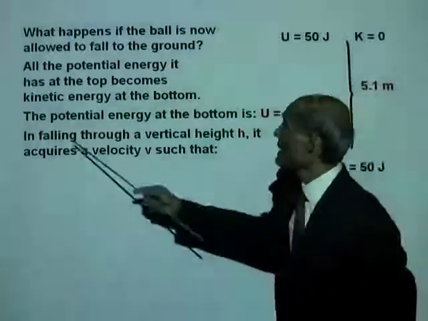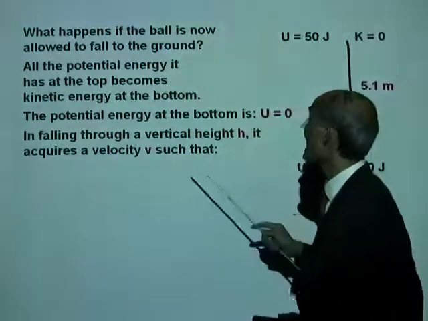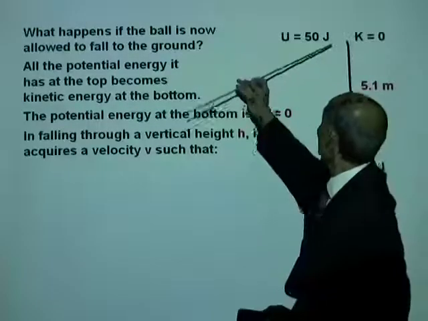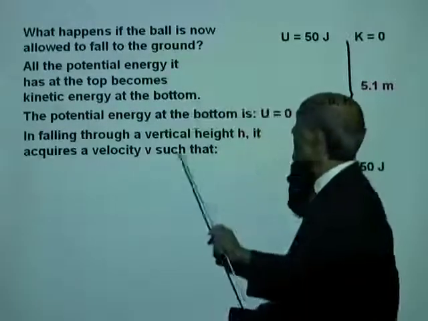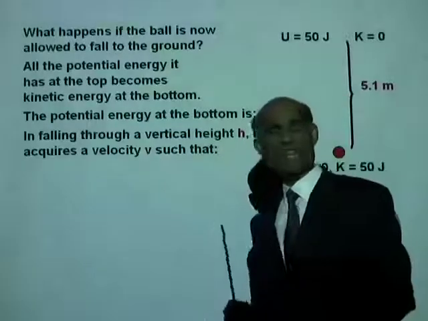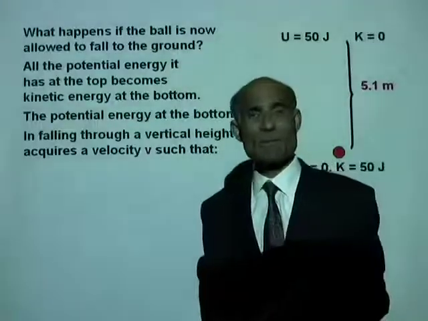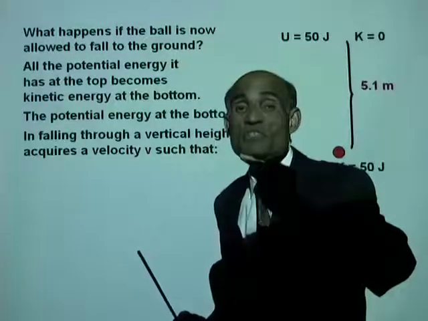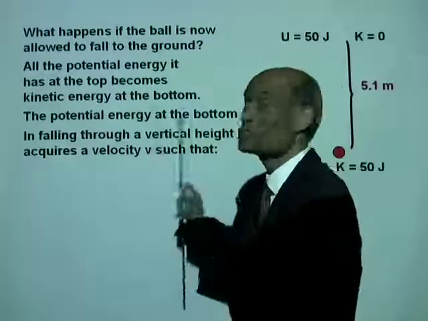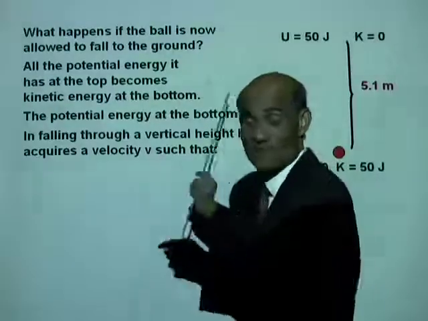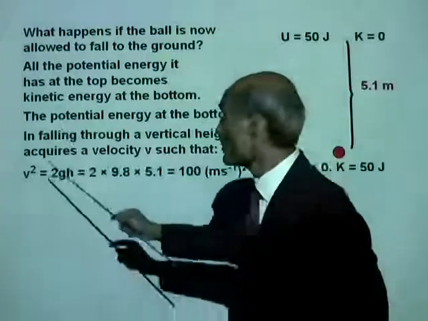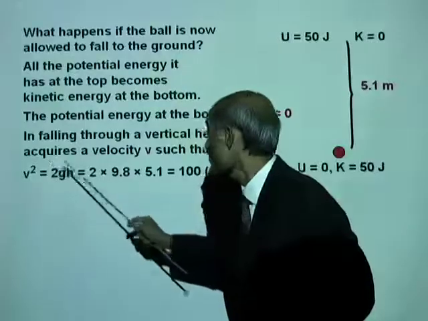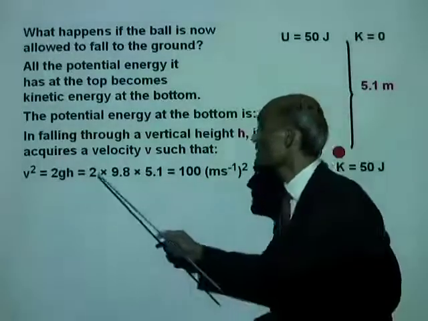Let's calculate that. In falling through a vertical height h, it acquires a velocity v, is that right? If it falls through a height h, it acquires a velocity v. Can you write an equation for that v? Well, v squared equal to v0 squared plus 2gh. Is that right? Yes. So v0 is 0, so v squared equal to 2gh.